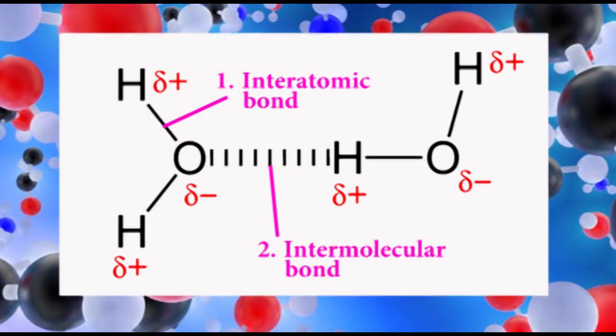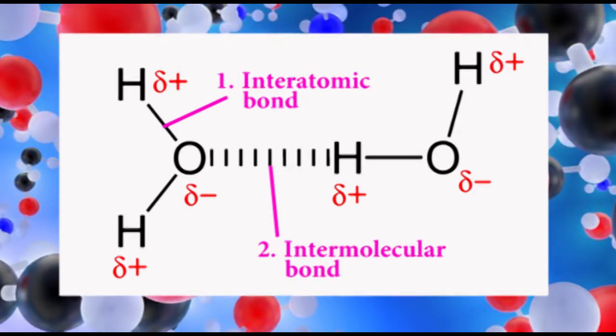And so when we say interatomic, we simply mean the bond that exists between the atoms of a substance. And when we talk about intermolecular, we are also talking about the bond that exists between the molecules of a substance.